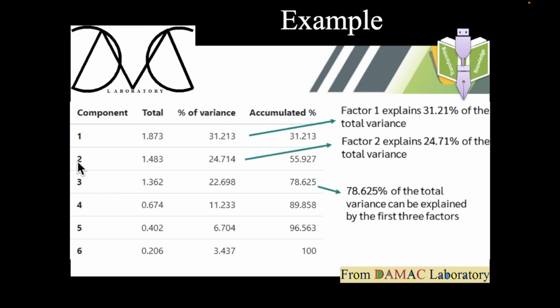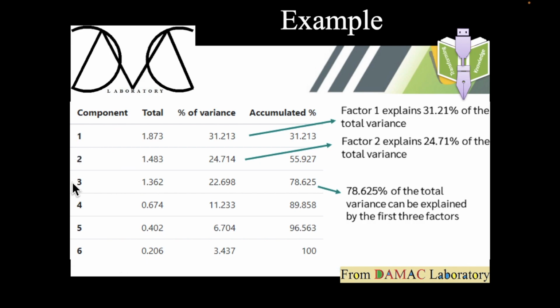Factor 2 alone expresses 24.71% of the total variance. So if you combine 1 and 2, then 55.72927 percent of the total variance can be expressed by these two.